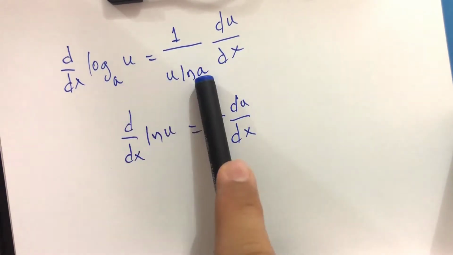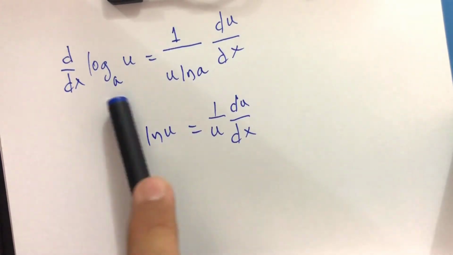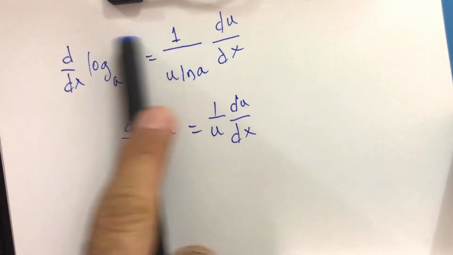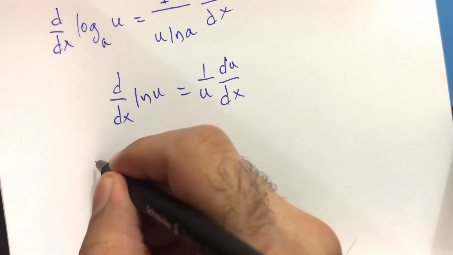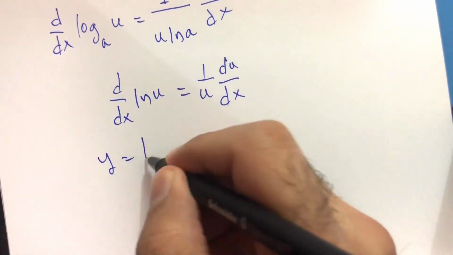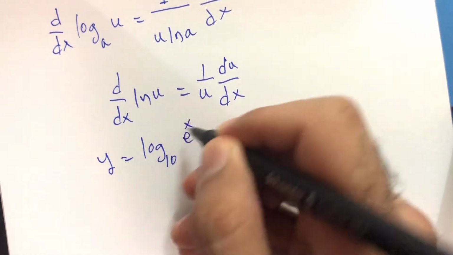So if we know the rule, then it is very simple to find the derivative of a function like this. Let us take an example to illustrate this topic. For example, if y equals log base 10 of e to the power x.